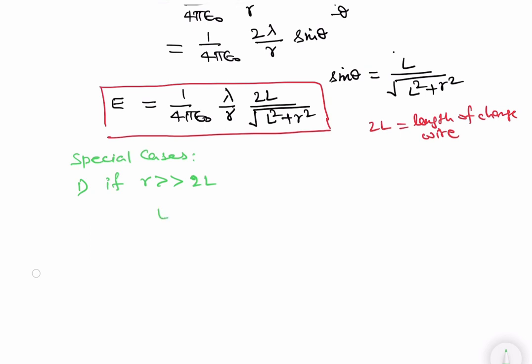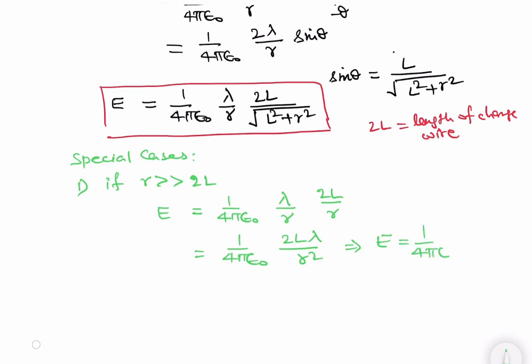In this case the equation reduces to E is equal to 1 by 4 pi epsilon naught, lambda by R, 2L by R, which implies 1 by 4 pi epsilon naught 2L lambda by R square, that is nothing but E is equal to 1 by 4 pi epsilon naught Q by R square, where Q is equal to 2L into lambda.